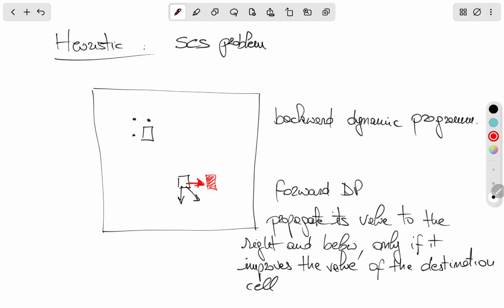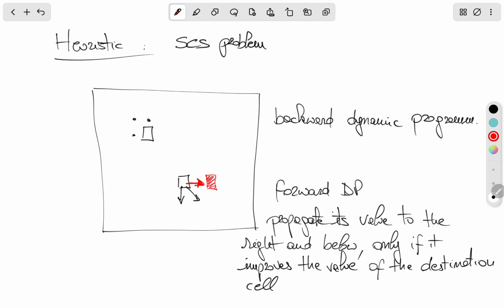Some cells will never receive a value, and so they are completely discarded from the computation. So the main idea is that some portions of the matrix are not actually visited.